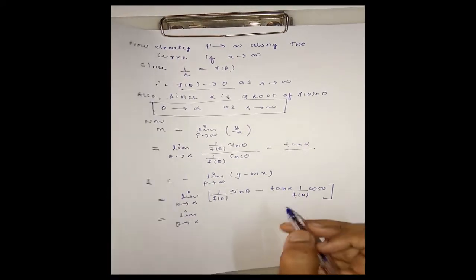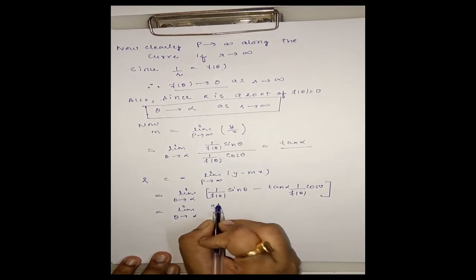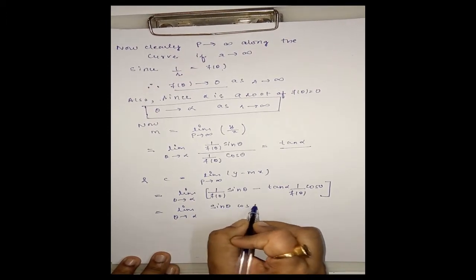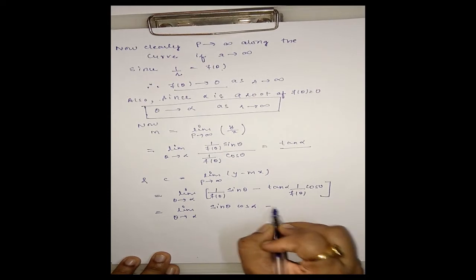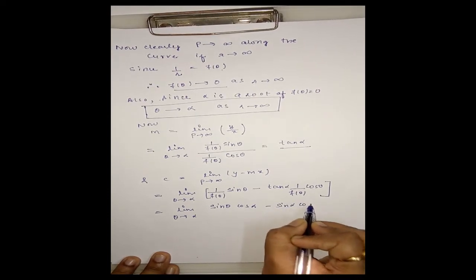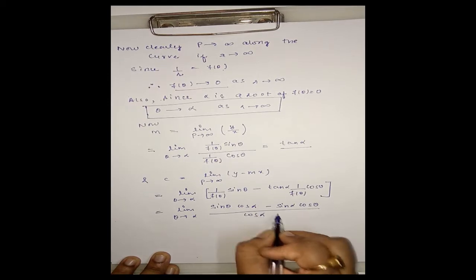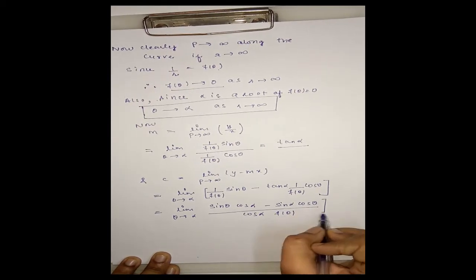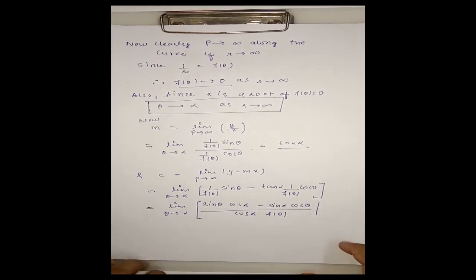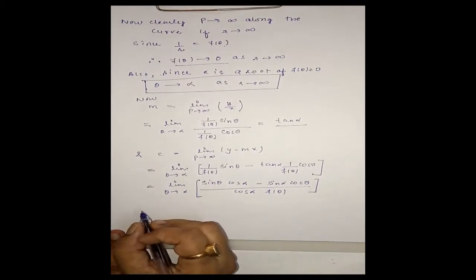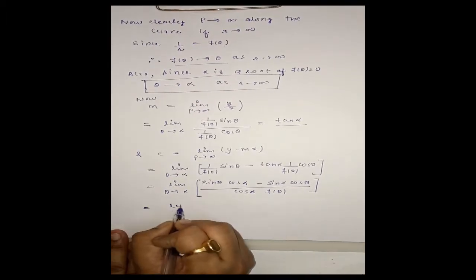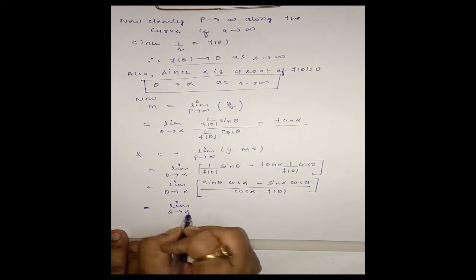Therefore, this I can write as sin theta cos alpha minus sin alpha cos theta, whole divided by cos alpha into f theta, as theta tends to alpha.